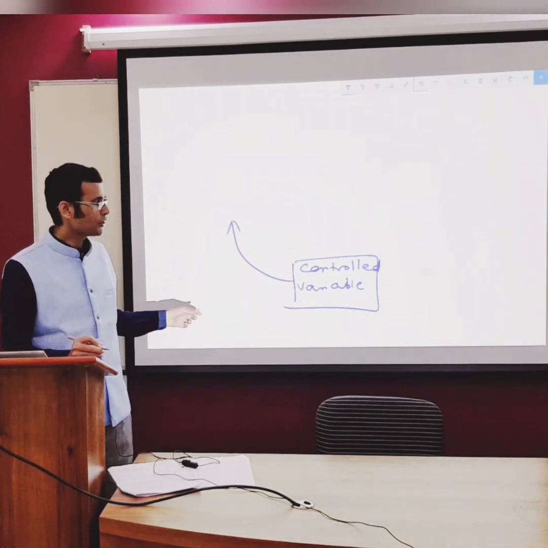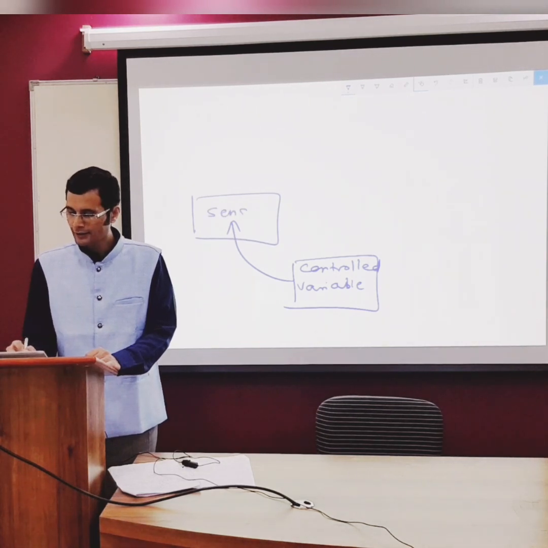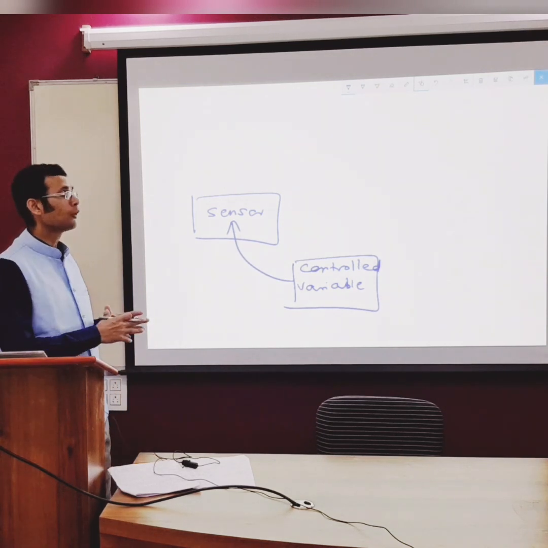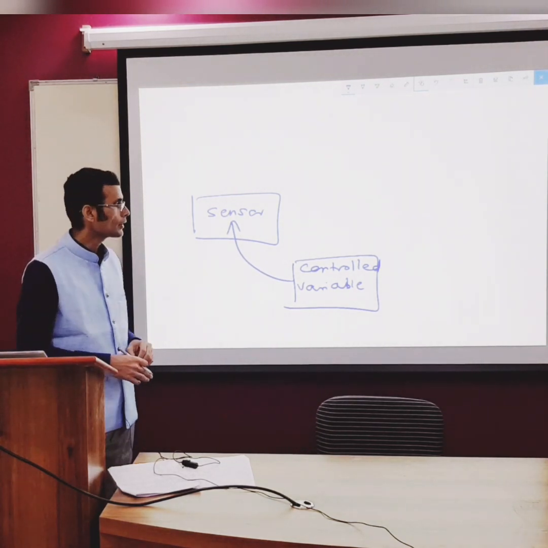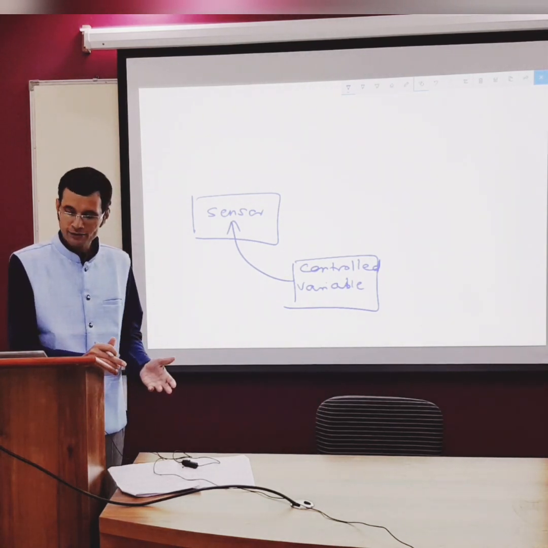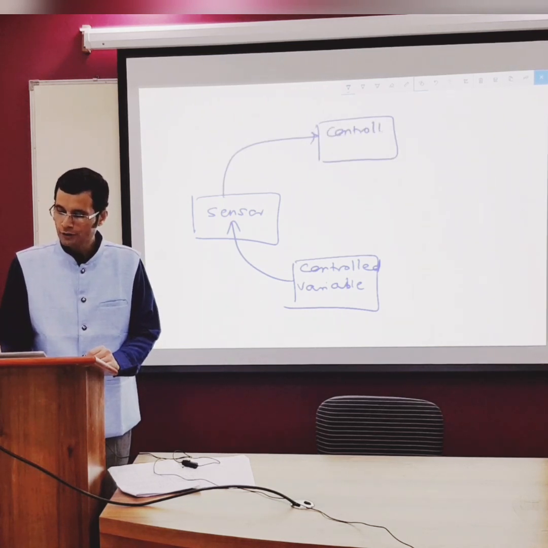And for each of them, there is a sensor. The sensor can sense the value of the controlled variable in the ECF. In the milieu, that value is constantly being sensed, and accordingly the signals are sent to the controller.